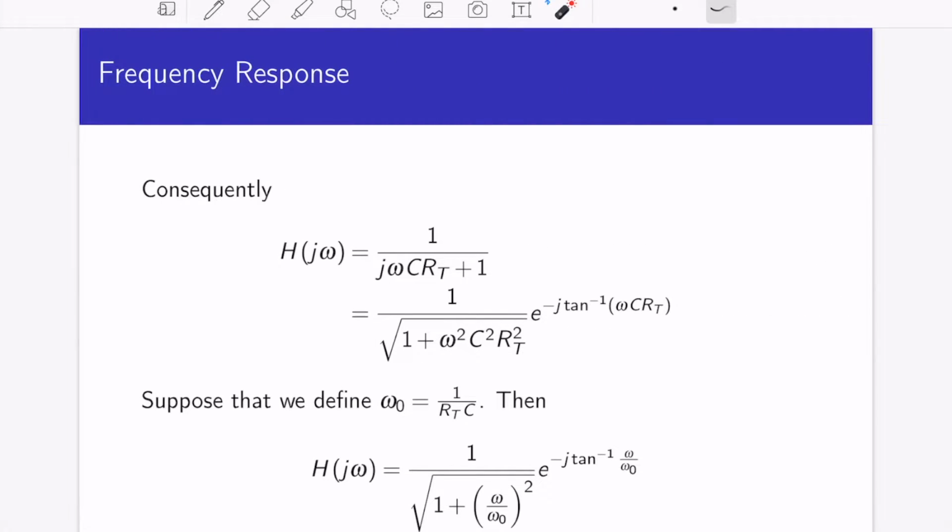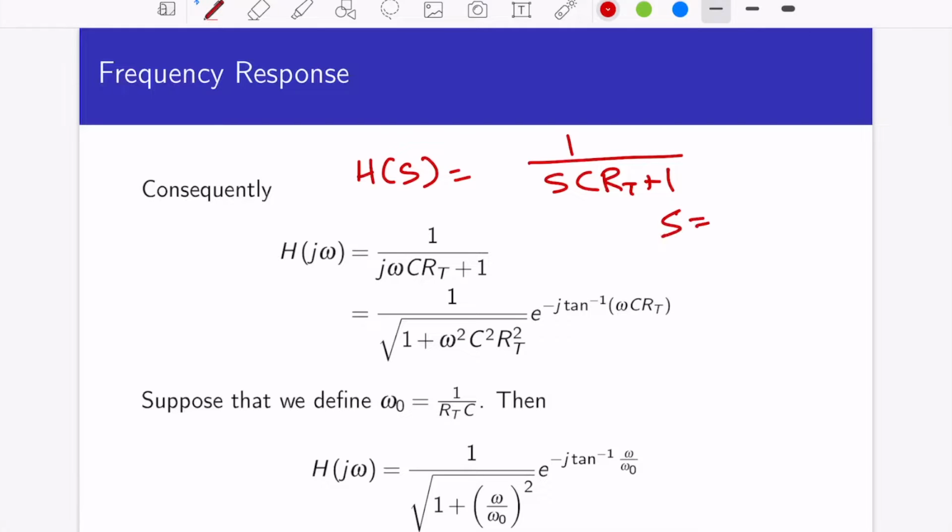So we'll take our H of S that we had from before, which is 1 over S C R T plus 1. We'll plug in S is equal to j omega, and we get this equation. We can rewrite this in polar form for a complex number, because now this is a complex number.